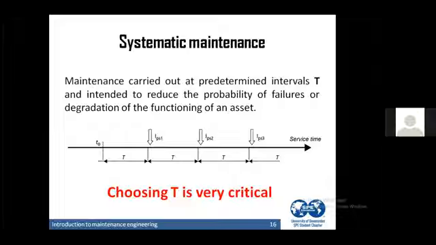However, the probability of having a failure will be too low. If we have a long period of time, that means very few interventions, it will not cost a lot of money, but the probability of having a failure will be too high. So choosing the time is very critical also.